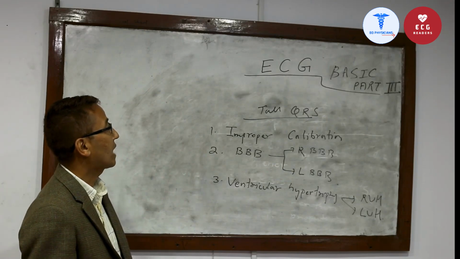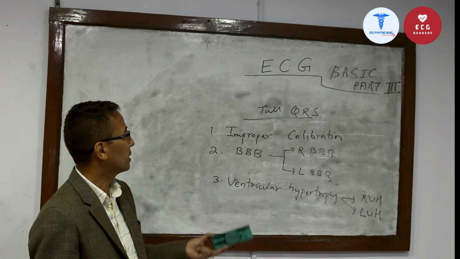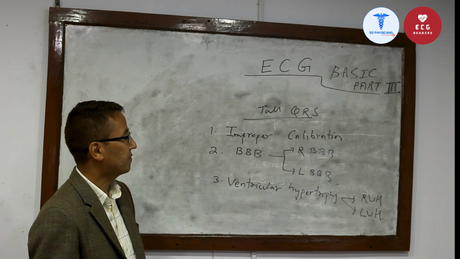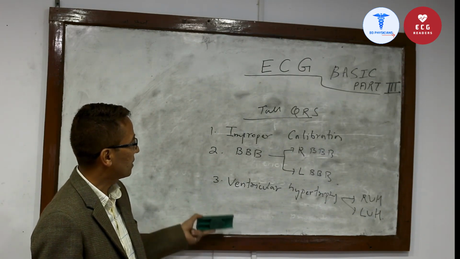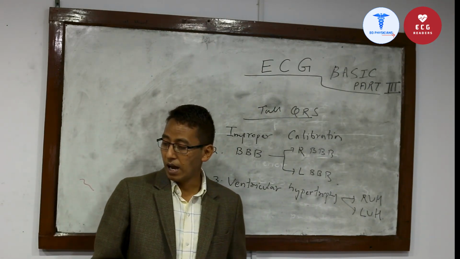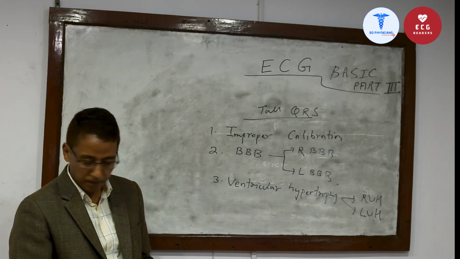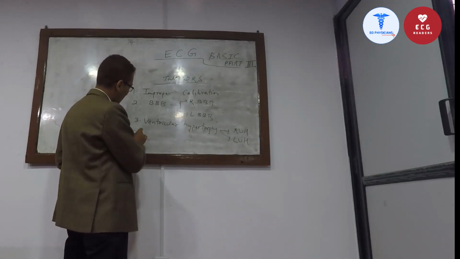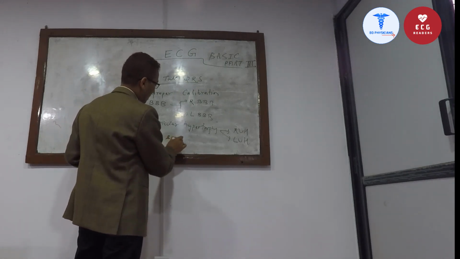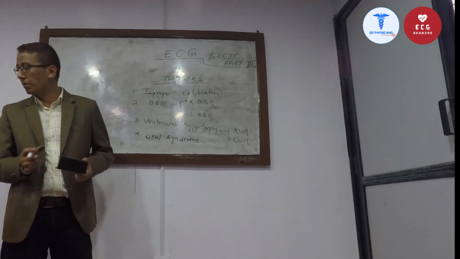So tall QRS complex or height of the R wave may be abnormally tall due to improper calibration of the ECG machine, bundle branch block which may be right or left, and ventricular hypertrophy, which may be right or left. And it can also occur in WPW syndrome.